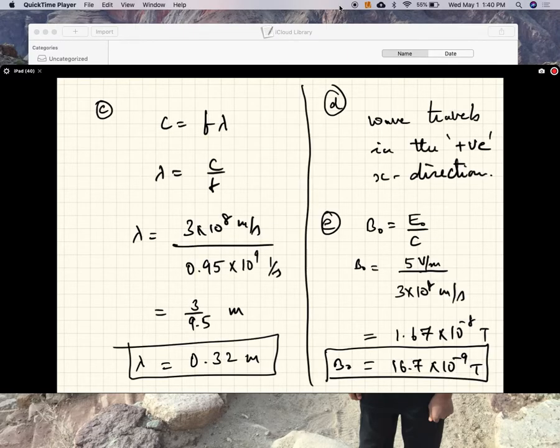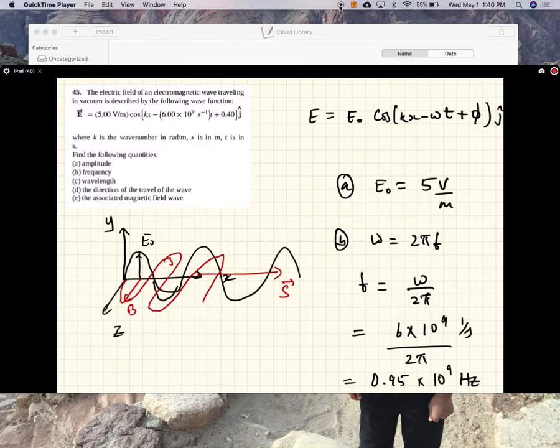Going back to this, the electric field, magnetic field, and the direction of travel. If you turn the electric field to the magnetic field, the way a screw turns gives you the direction of travel.